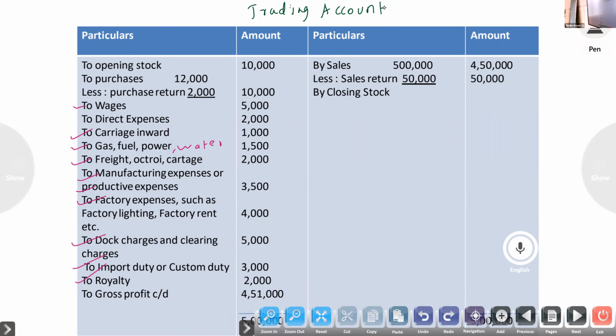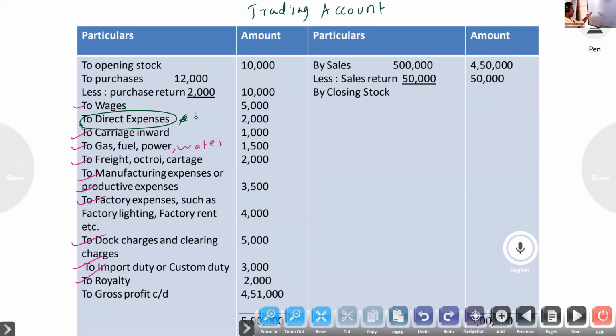Shubham also. Wages. This means expenses only, so you need wages, carriage inward, and all such expenses: water, fuel, gas, power, freight, octroi, cartage, manufacturing expenses, productive expenses, factory expenses.